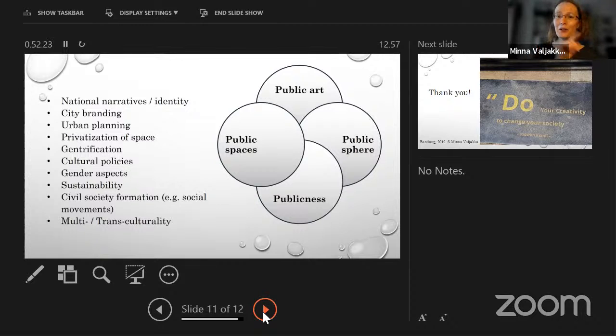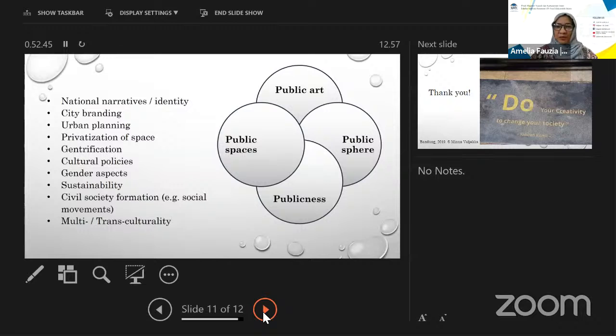Is the female figure actually leading a group of men and women, or women only? So how much power is given to women? What kind of social role are they given in an artwork? These kinds of tendencies might be something to look into from the gender aspect.